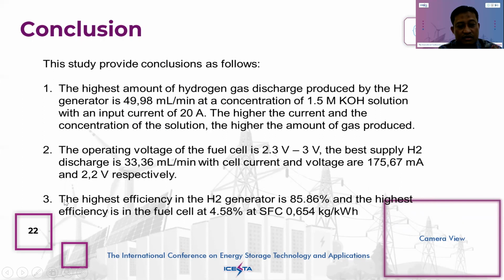And finally, the highest efficiency of the hydrogen generator is 85%, and the highest efficiency of the fuel cell is 4.58% at an SFC of 0.654 kilogram per kilowatt hour.